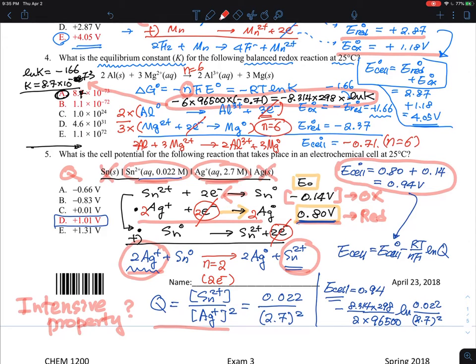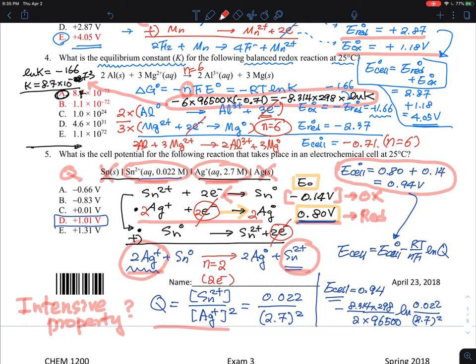So, for example, let's say the volume, right? Volume is an extensive property, because if you increase the volume from this small to this big, that's an extensive property. But temperature itself, if you increase the size from this small block to the bigger block, the temperature remains the same.